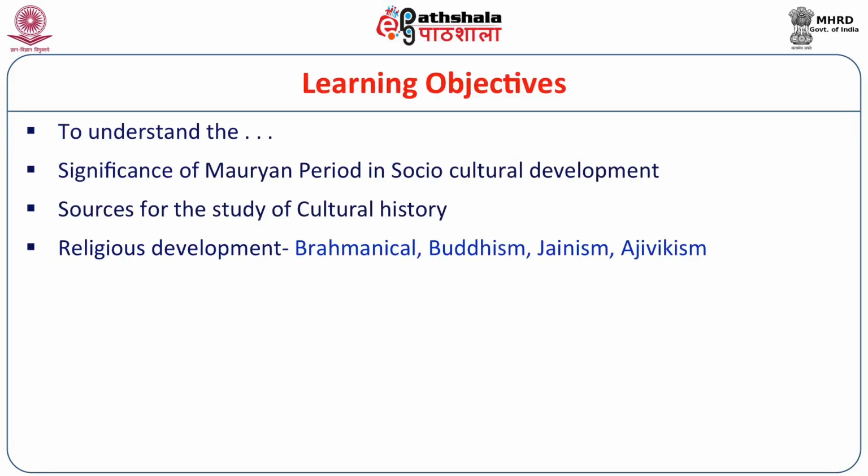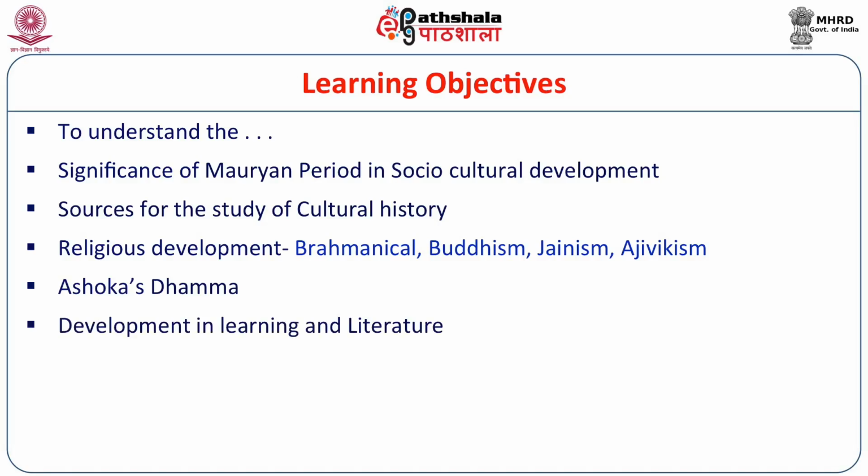We'll be talking about the religious developments, taking into account the Brahminical, Buddhist, Jain and Ajivika religions. We'll also be talking about the new concept introduced by Ashoka, Dhamma of Ashoka. We'll be talking about the developments in learning and literature, and last but not the least, we'll be dealing with art and architecture which developed in the Mauryan period.